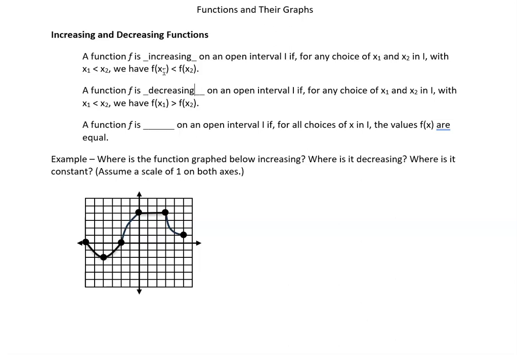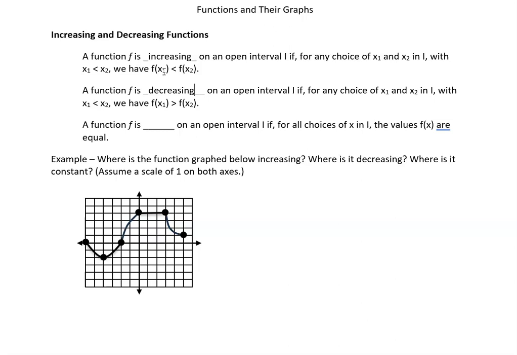So notice that the only thing that changed between these two definitions, x1 is still less than x2 in both cases, but the outputs, the y values, if the function is increasing, then the y value of x1 is going to be smaller than the y value that corresponds with f of x2. However, if it's decreasing, then the y value that corresponds with x1 is going to be larger or greater than the y value that corresponds with x2.